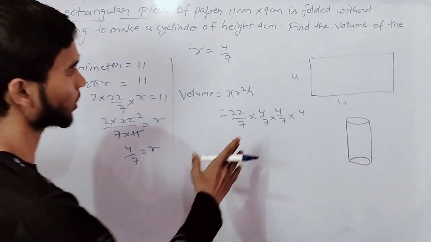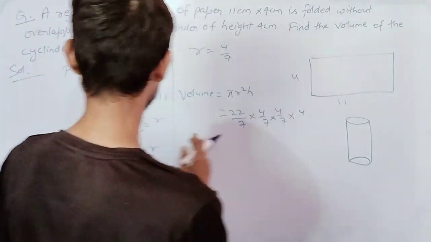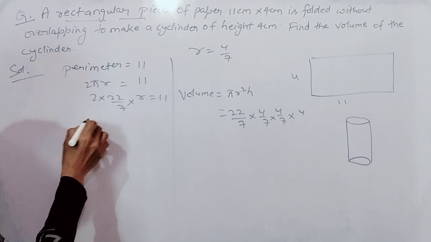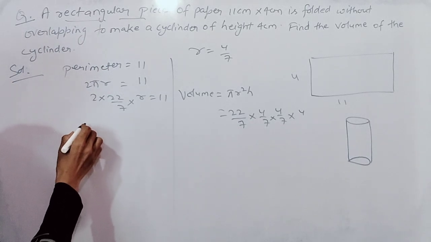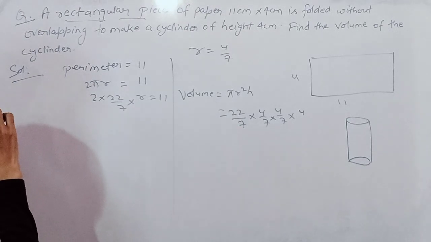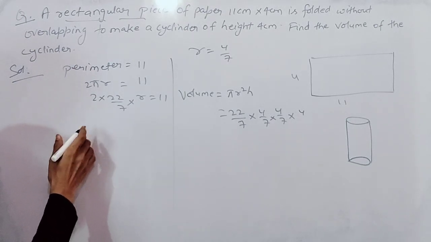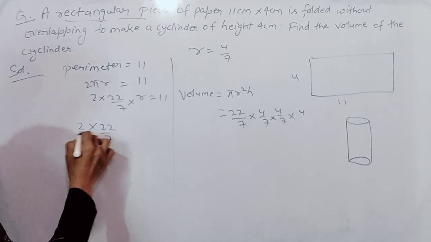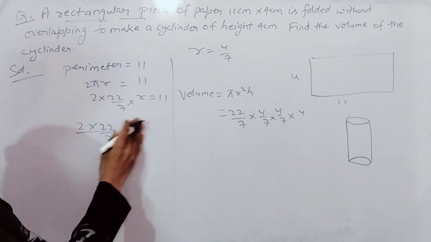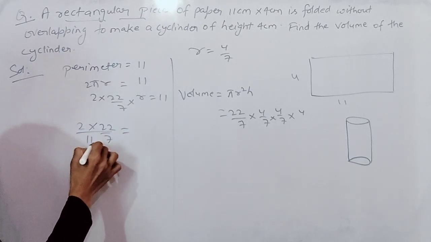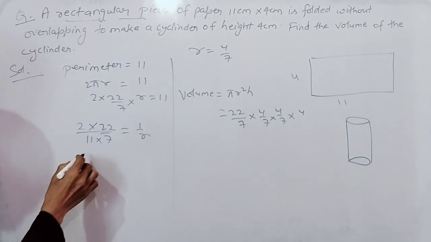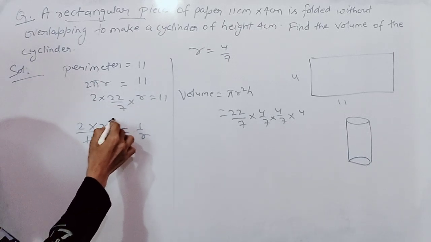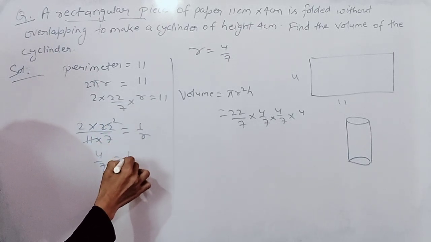Here, look at this, this is r. 2 multiplied by 22 upon 7 multiplied by r is 11, so 11 will come here and 11 2s are 22, and this is 1 upon r.